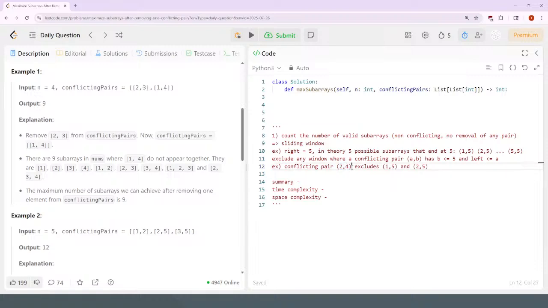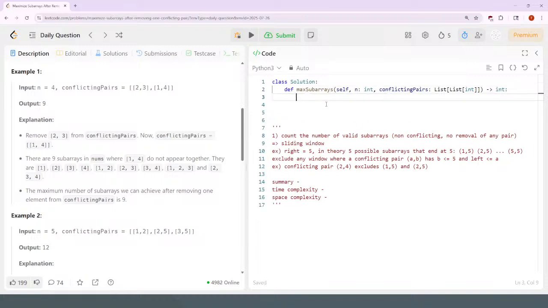You consider every conflicting pair where the largest number is less than or equal to the right index. But once that condition is true, then the restriction is based on the lower number of the conflicting pair. So that seems like maybe it.